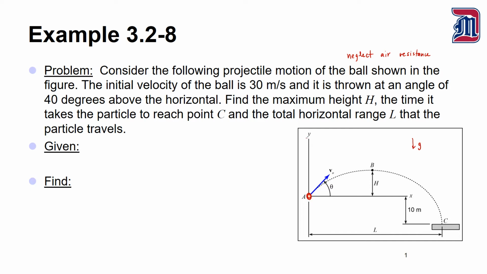We have y vertical and x horizontal with the origin at the beginning location of the particle, which we've defined to be point A. Oftentimes, this sort of Cartesian or rectangular xy coordinate system is well suited to a projectile motion problem because it allows for the acceleration to be entirely in the y direction and that there be no acceleration in the x direction.